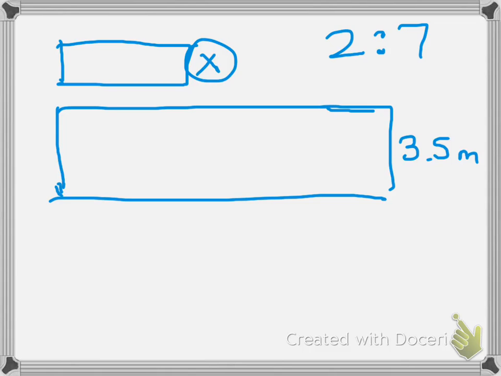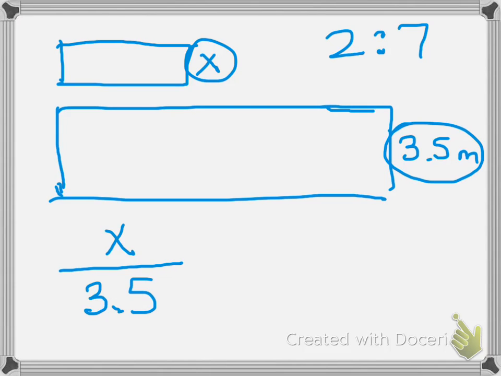Alright, so how do we figure out what X is? Well, X is to 3.5. Alright, so these two sides, if you compare them, they should be in a ratio of 2 to 7. Alright, so now you have a proportion set up. So you should be able to solve that proportion by cross multiplying.